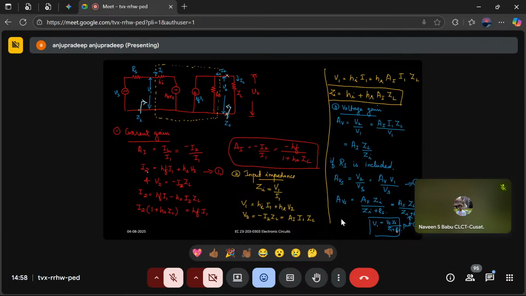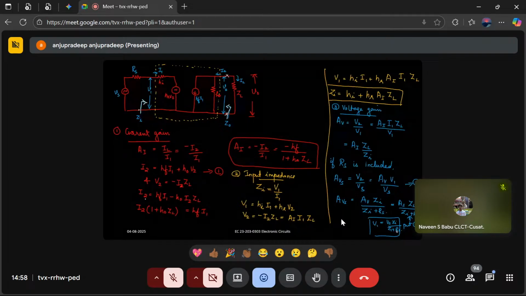Now we have that hybrid parameter equation already, which is I2 is equal to HF I1 plus HO V2. That is the first equation. And also, if you look at the circuit, you can see that V2 and V0 are parallel. So what is V2? V2 is equal to IL into ZL, but IL is equal to minus of I2. So I can write V2 is equal to minus I2 into ZL. Now substitute this value for V2 in the first equation.